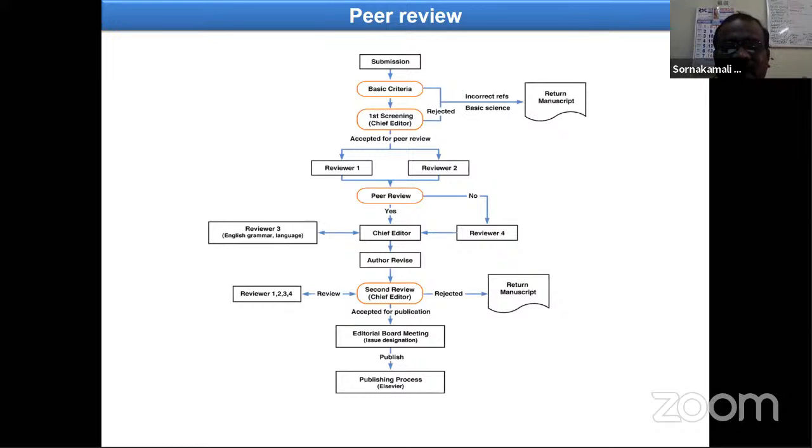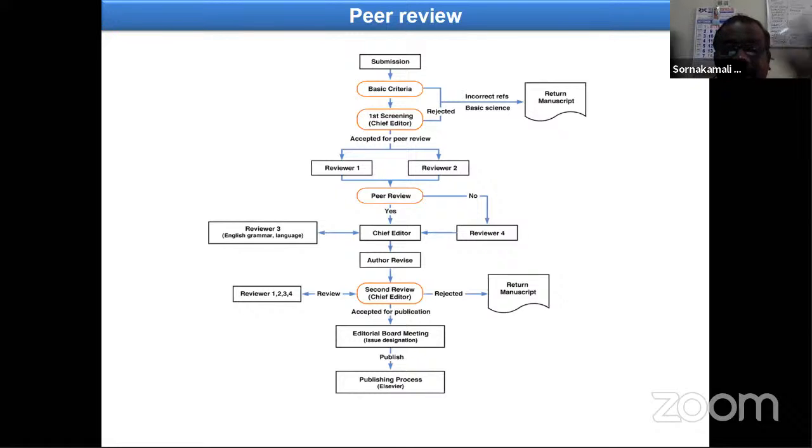Once a manuscript is in proper form, the editor-in-chief or associate editor will handle it. Then he will choose 2 peer reviewers, and the peer reviewers will make comments. Apart from this, there are reviewers 3 and 4. Reviewer 3 is specifically appointed to comment on the English and grammar of the manuscript. Reviewer 4 may be a statistical expert, who will comment on that part of the manuscript.